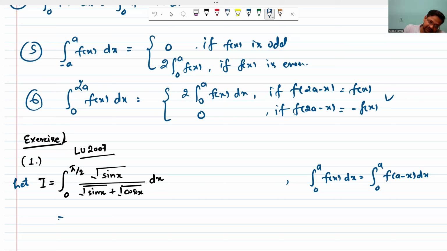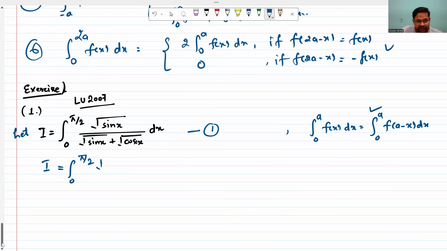So this is from 0 to pi by 2. This is your first equation, and I will remain I again if you are applying this property of the definite integral.